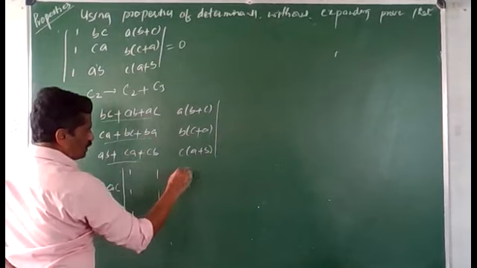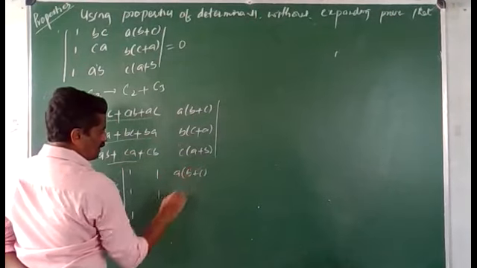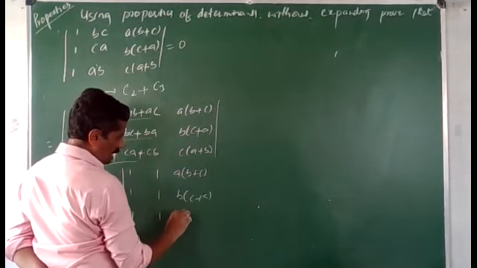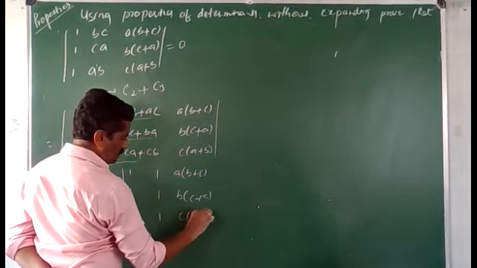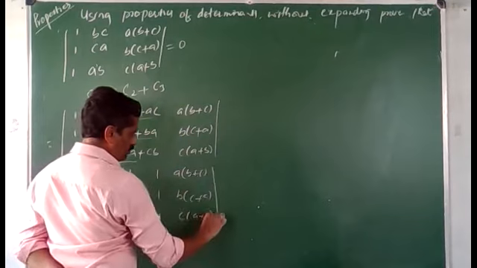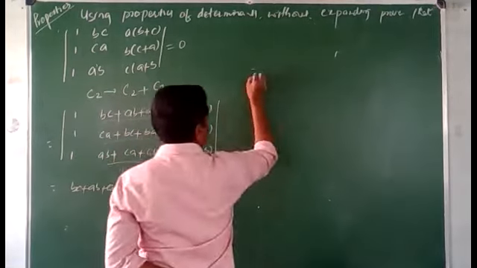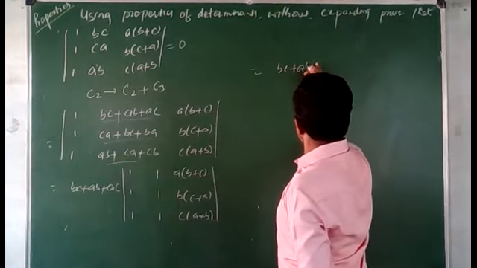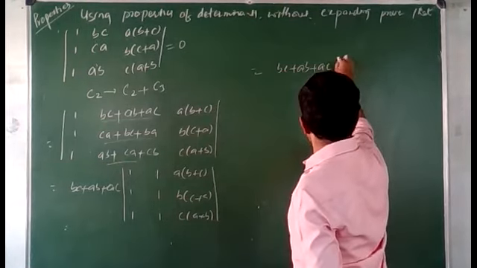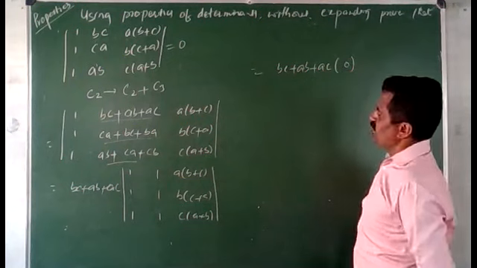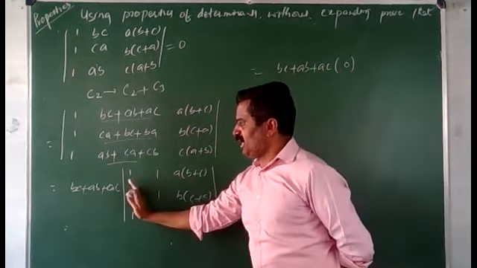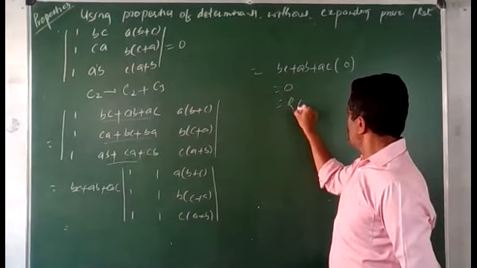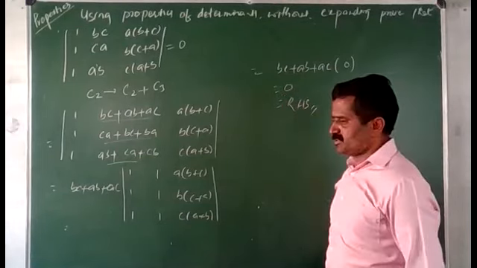So therefore A of B plus C as it is, B of C plus A as it is, C of A plus B, A plus B. Again that is equal to BC plus AB plus AC times 0. Again, because the first column and second column are the same, that is equal to 0, which is equal to RHS.